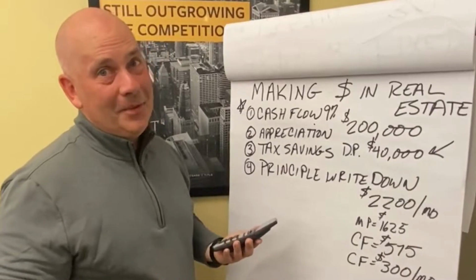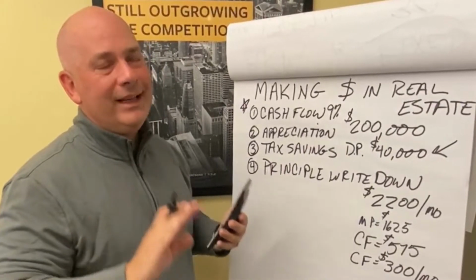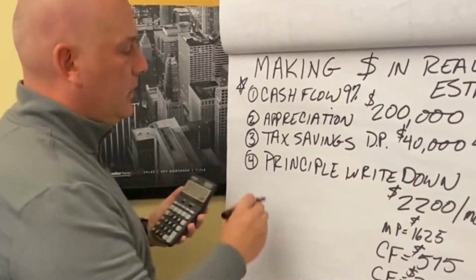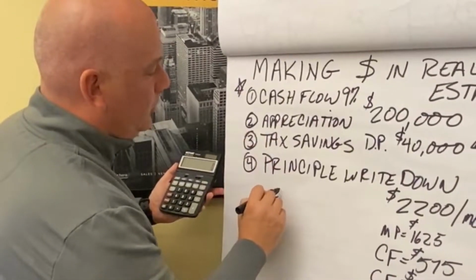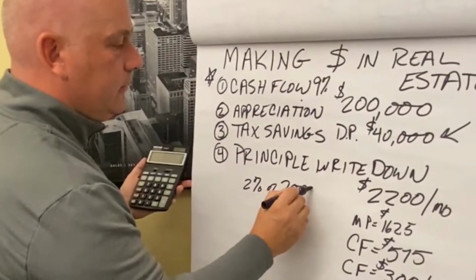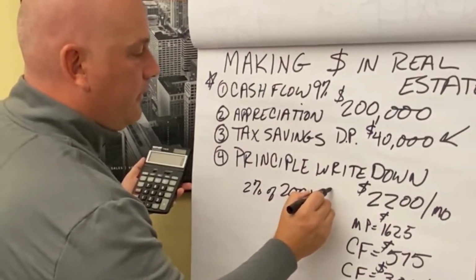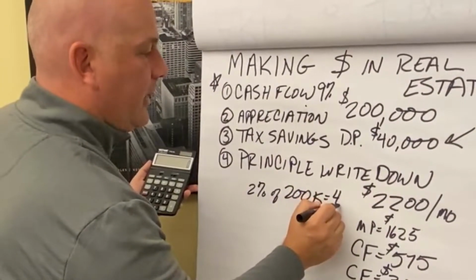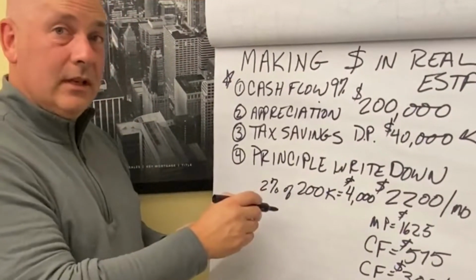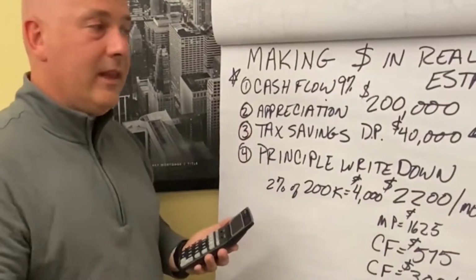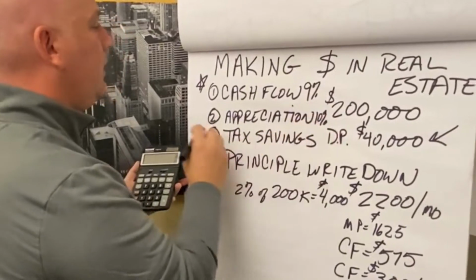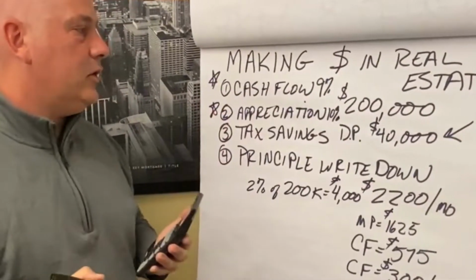Lately we've had a lot of inflation, but let's be really conservative and say that we only appreciate 2% a year. An appreciation of 2% of $200,000 is $4,000 over the year. $4,000 over $40,000 is a 10% return on appreciation.